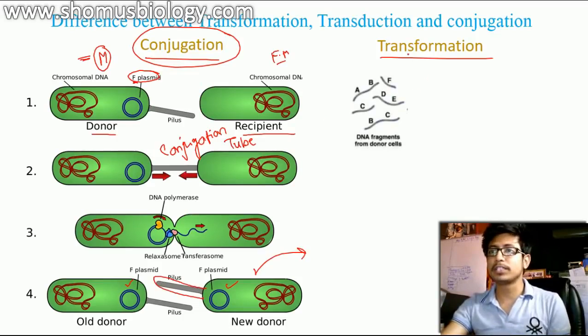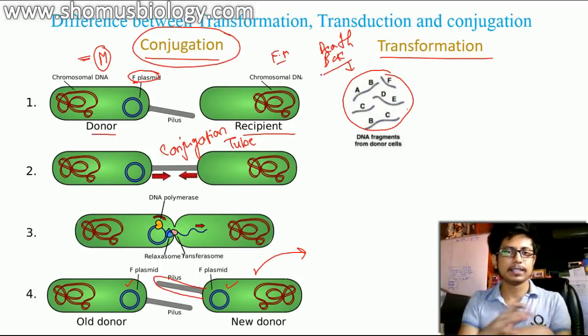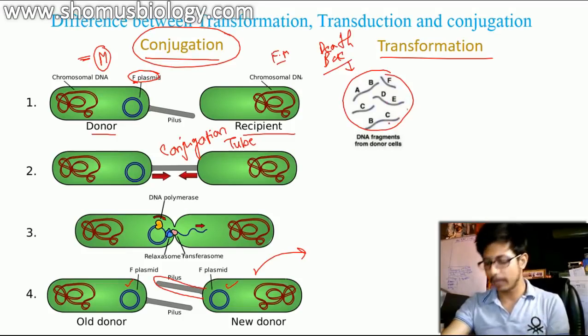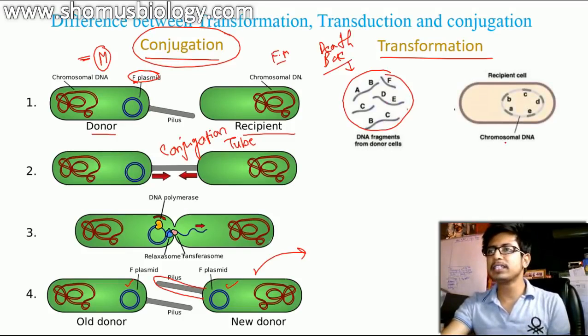In transformation, we have fragments of DNA generated after the death of a bacterium. The bacterium is dead, the cellular components are destroyed, and the DNA fragments are floating in the environment. Another adjacent bacterium comes in and senses that there are fragments outside, and there is a possibility that some of these fragments may contain an antibiotic resistance gene.